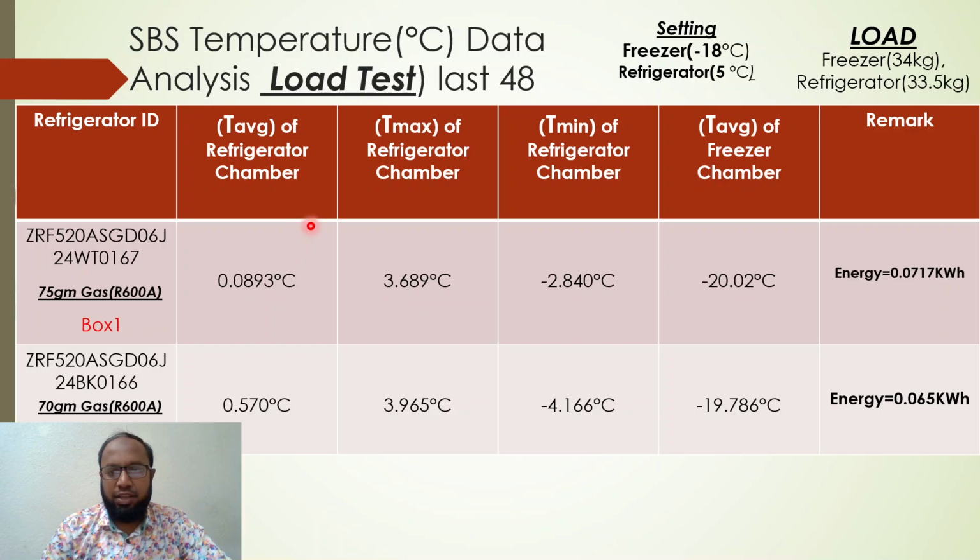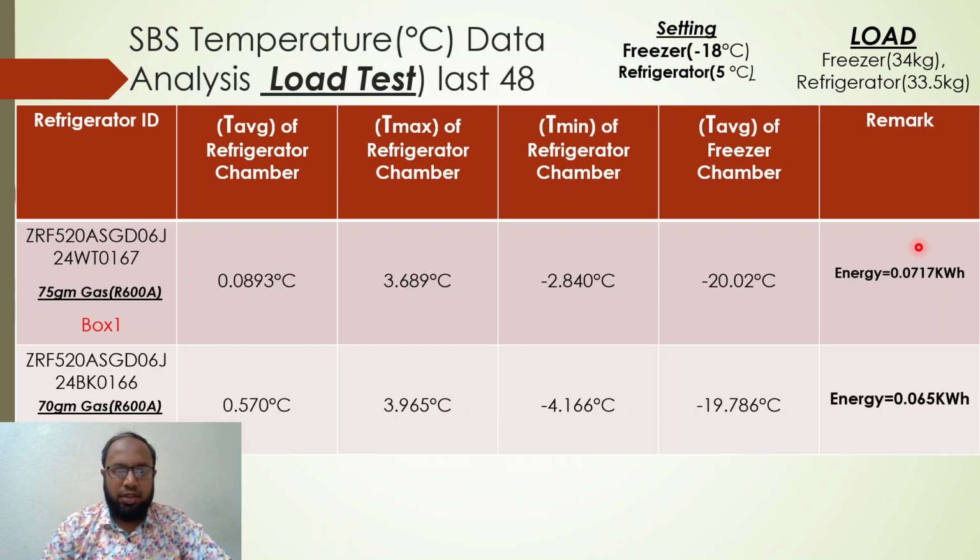In this test we set the freezer unit to minus 18 degrees centigrade and the refrigerator unit to 5 degrees centigrade, and inside we keep a load of 34 kg in the freezer unit and 33.5 kg of impact load in the refrigerator unit. The maximum refrigerator chamber temperature we achieved is 3.6 degrees centigrade, and the minimum is minus 2.84 degrees centigrade. The average freezer unit temperature is minus 20.02 degrees centigrade, and energy is 0.07117 kilowatt hour.